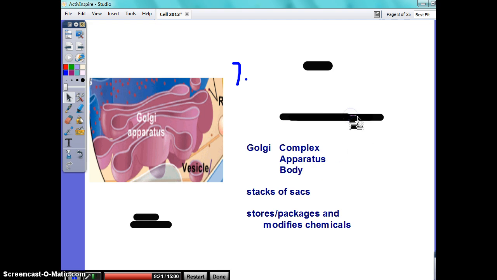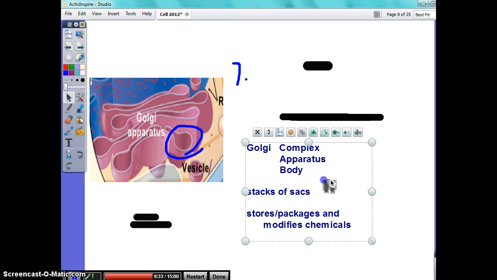And they look like stacks of sacks. You see the little sack part right here? That's where the storage function comes in. So it takes things in, stores them, modifies them, and then lets them ship back out. And who's going to move them? The ER. Good.